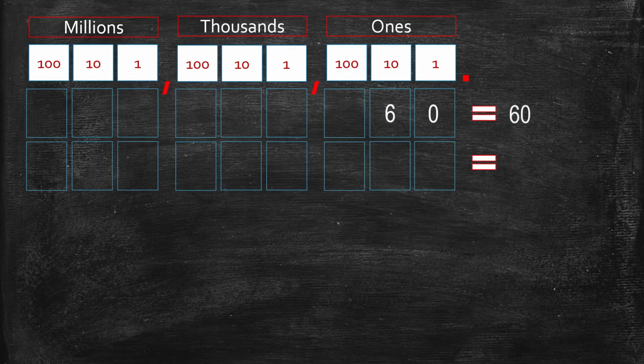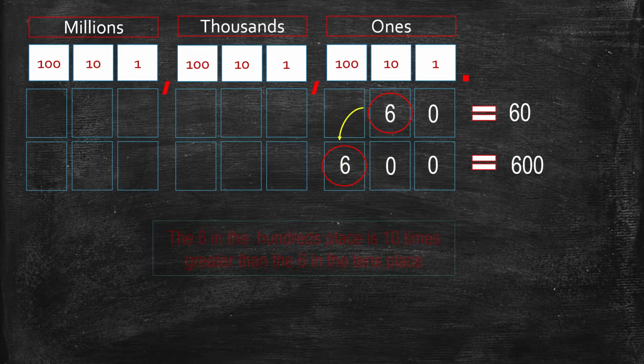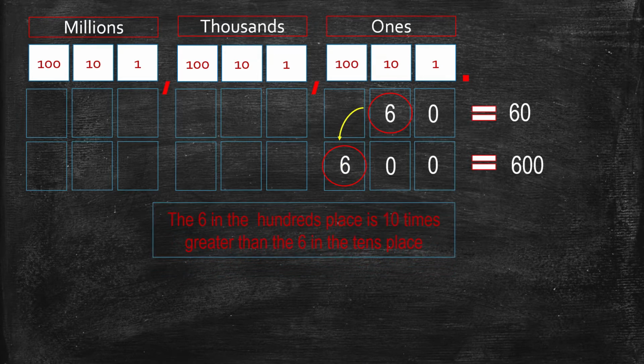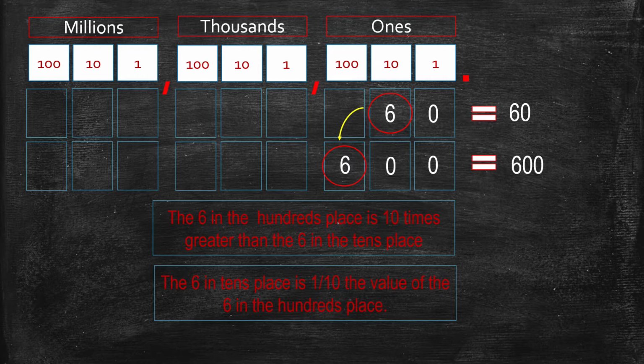Here we are with 60 and 600. So we have a 6 in the 10 spot, and we have a 6 in the 100 spot. The 6 in the 100's place is 10 times greater than the 6 in the 10's place. The 6 in the 10's place is 1/10 the value of the 6 in the 100's place.